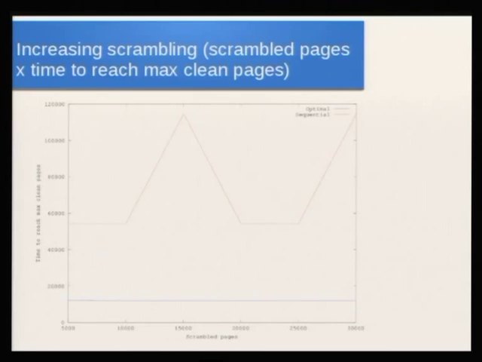And then for the time to reach the maximum number of clean pages in the scrambling case, again optimal is constant, and sequential starts at like 10,000, and then you go to 6 times worse. And then as you increase the number of scrambled pages, it gets worse.